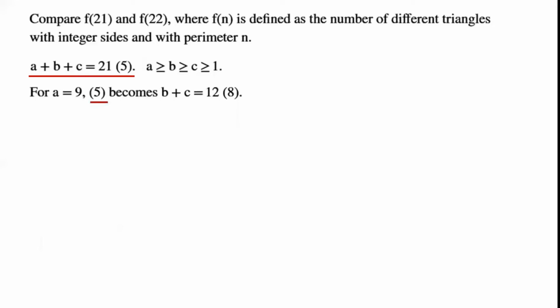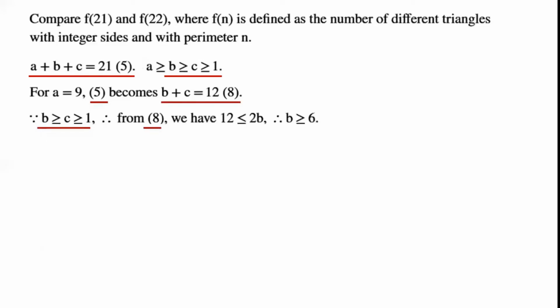For a = 9, equation 5 becomes b + c = 12, because b ≥ c ≥ 1.